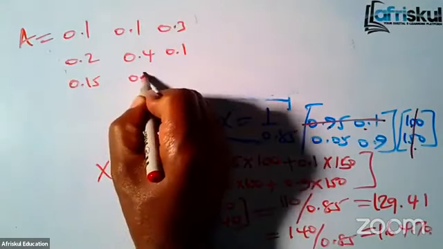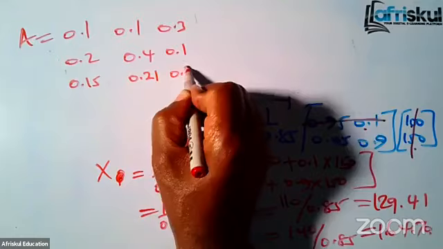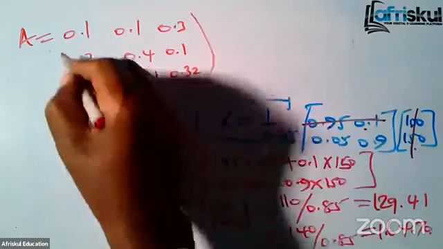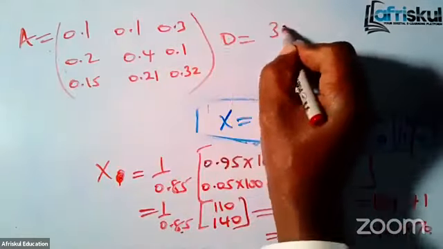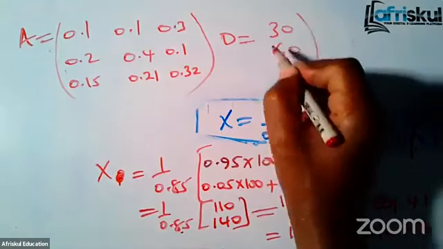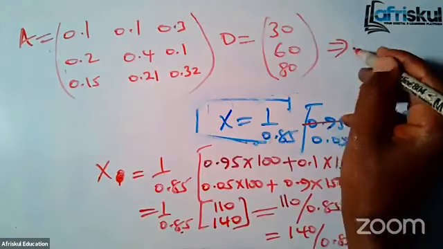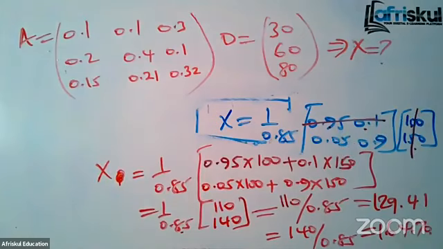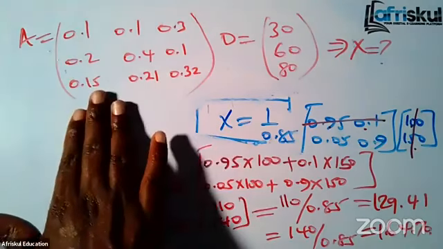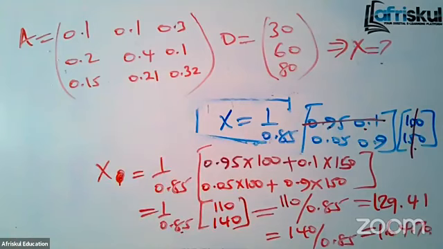If A is 0.1, 0.1, 0.3, 0.2, 0.4, 0.1, 0.15, 0.21, 0.32, and demand is 30, 60, 80, please put this down, and you are required to give us X. You can see now these are 3x3 scenarios. So please take a minute and copy it.